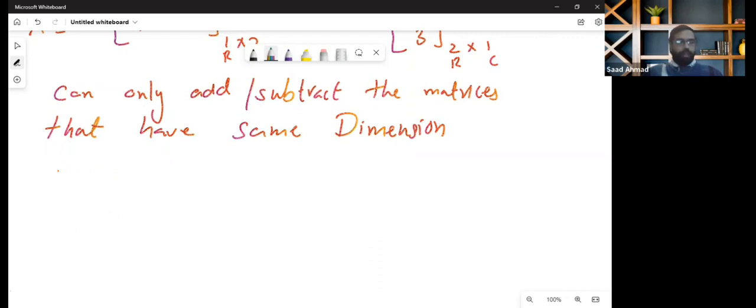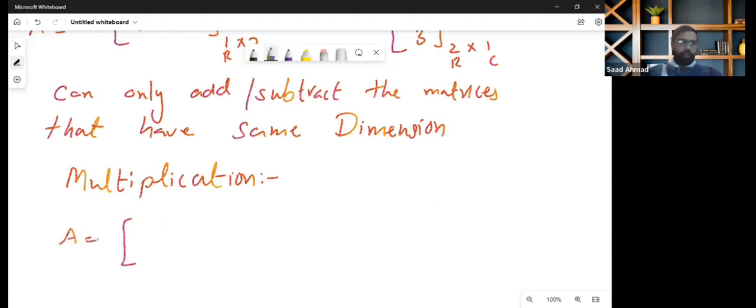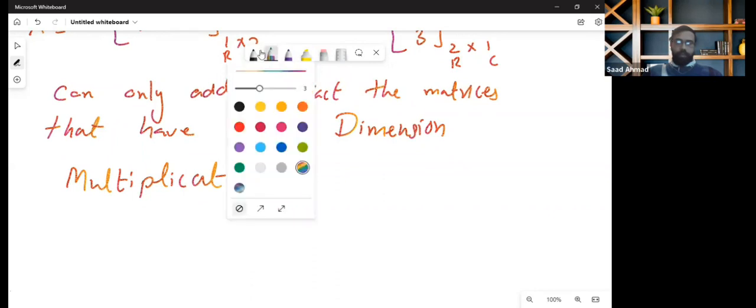The next thing that comes to mind is multiplication. Matrix multiplication is not as simple as regular multiplication. Let's first explain a little more.